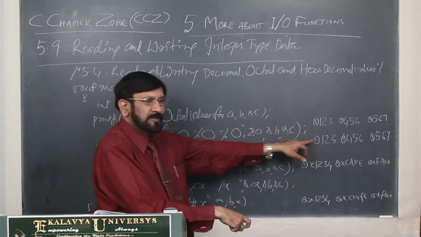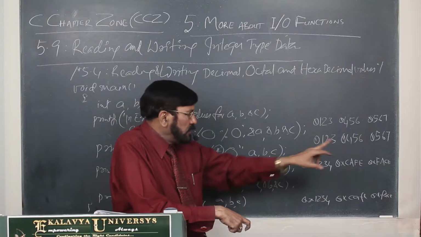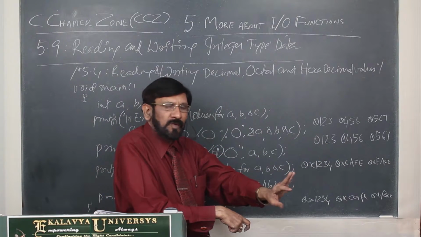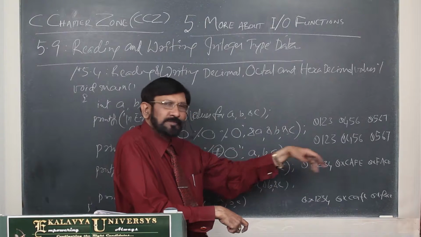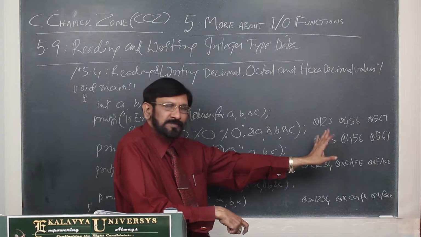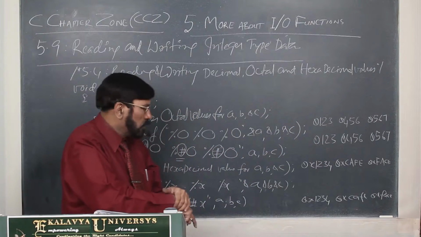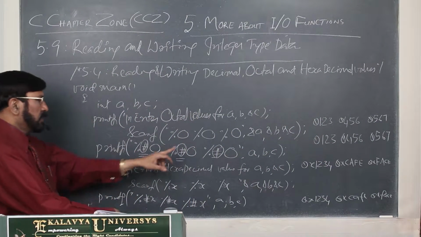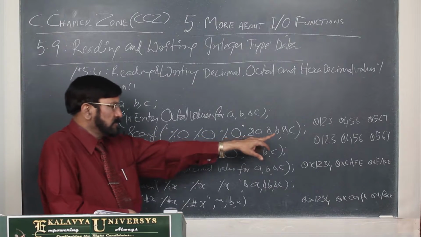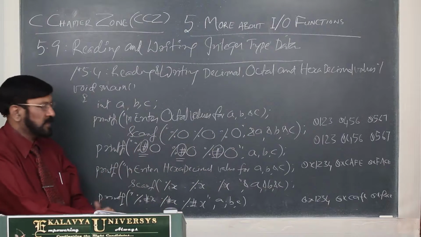Then the leading 0 is printed. Then only you can identify it is octal. Otherwise, you simply take them as decimal. That is a very serious point, you must remember and note it down. Whenever you want to print leading zeros, you must insert the hash symbol there.